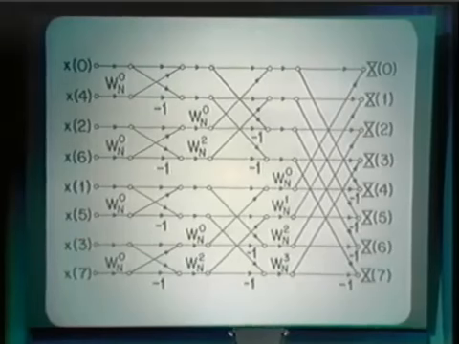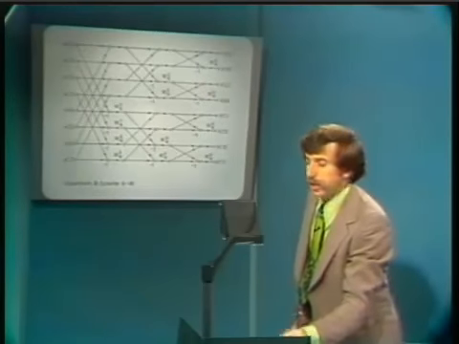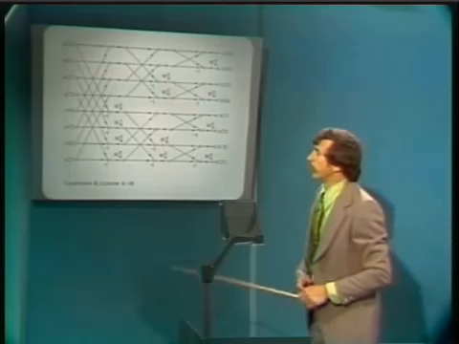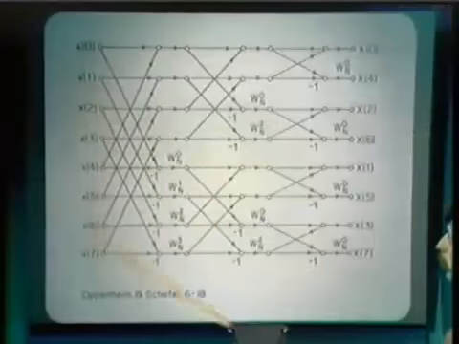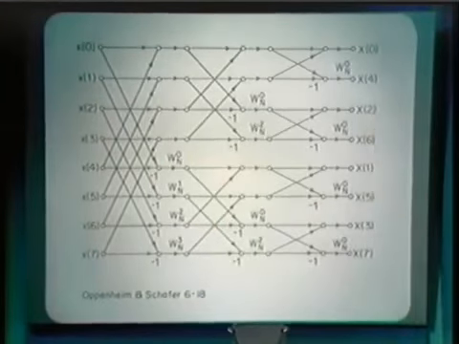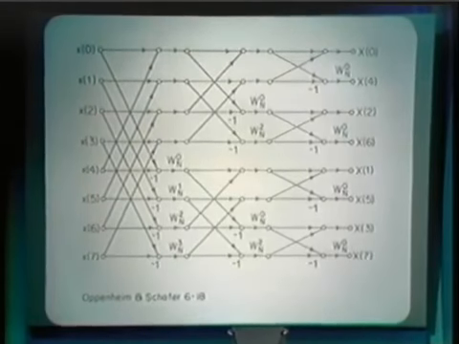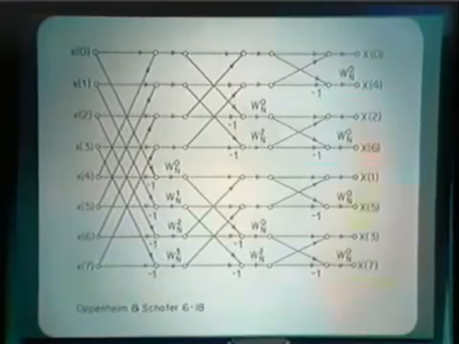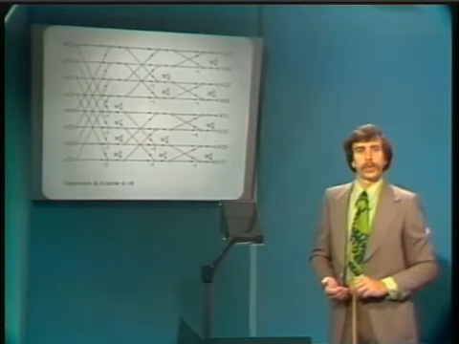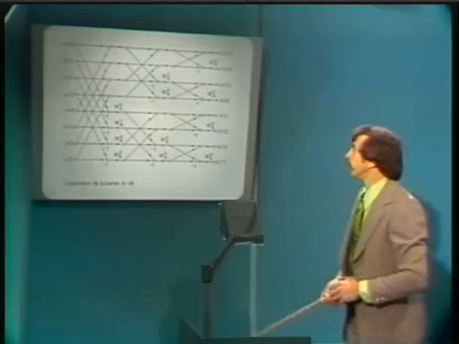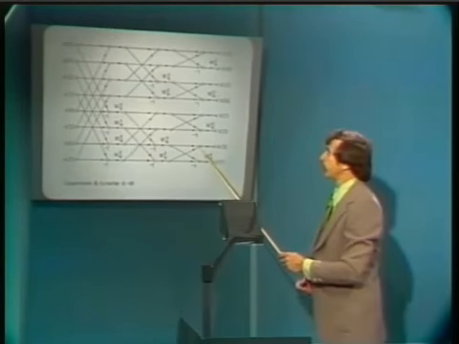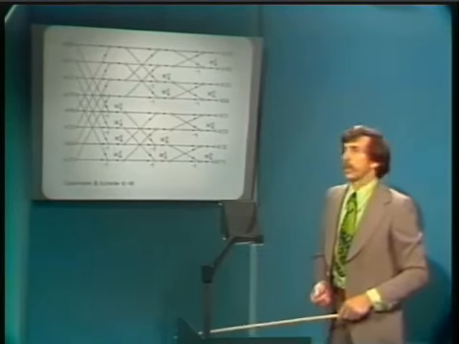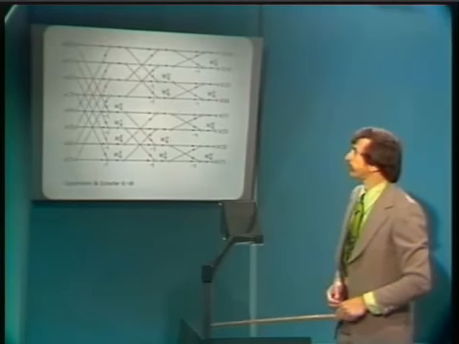This is the transposition of this flow graph, which is the decimation in frequency form of the algorithm with the input in normal order and the output in bit reversed order. The fact that these are related through transposition of the flow graph isn't a particularly important point from a practical point of view, but it is a useful piece of insight into the relationship between these various algorithms.